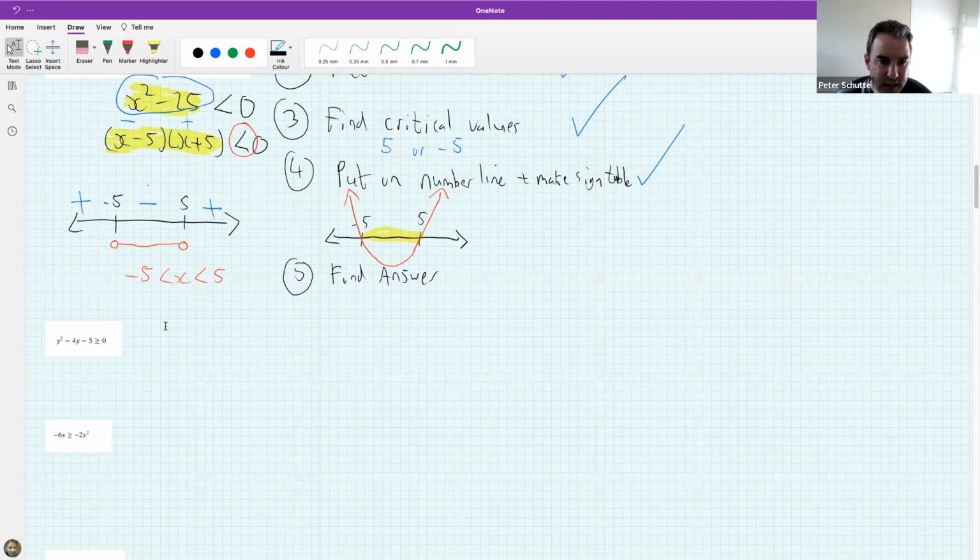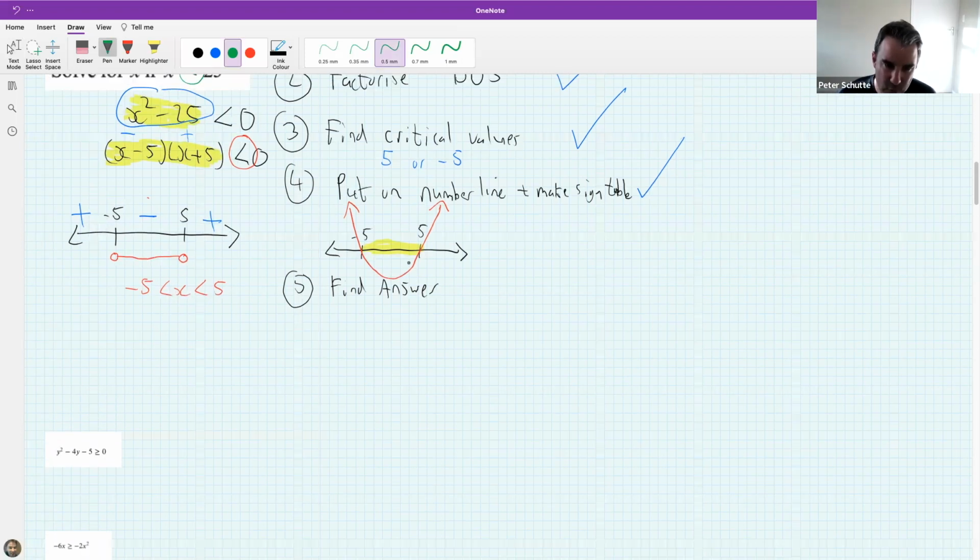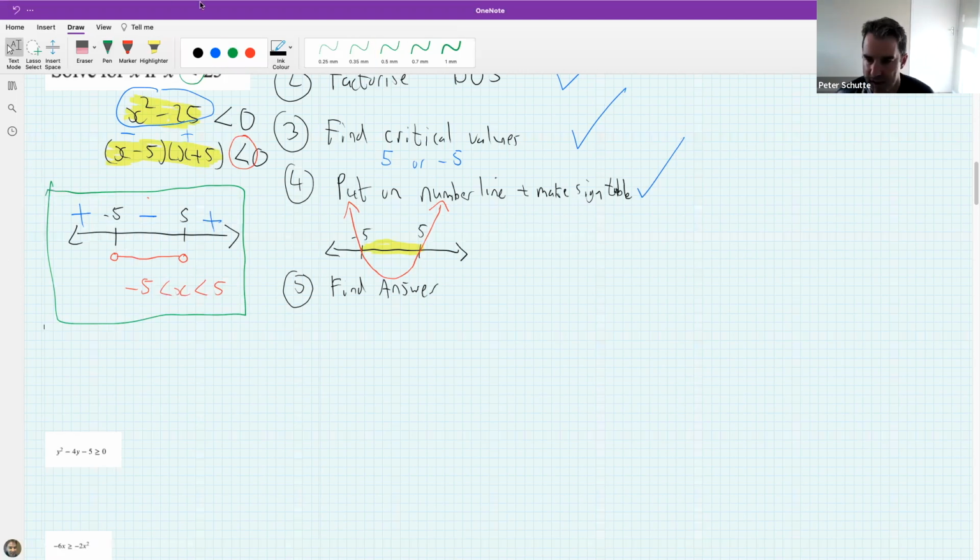Okay, so Ivy, our next topic after this is functions. And when we do functions, I think this method will make a lot more sense. But for now, I'm going to stick with the sign table method unless there's overwhelming need for that one.